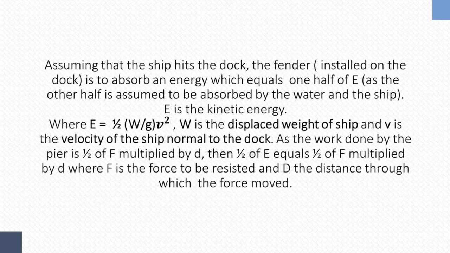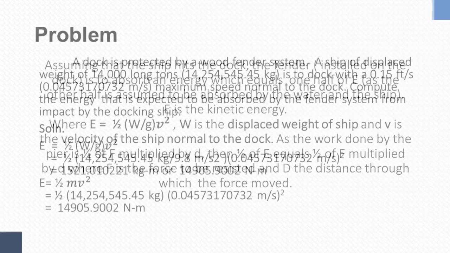The W is the displaced weight of the ship, and the V is the velocity of the ship normal to the dock. As the work done by the pier is 1/2 of F multiplied by D, then 1/2 of E equals 1/2 of F multiplied by D, where F is the force to be resisted and D is the distance through which the force moved.